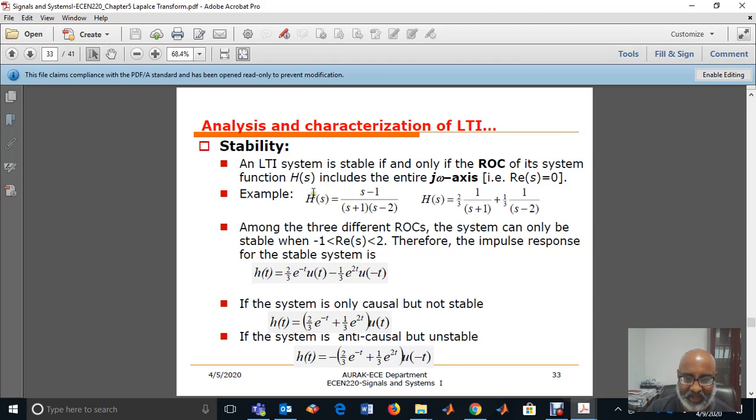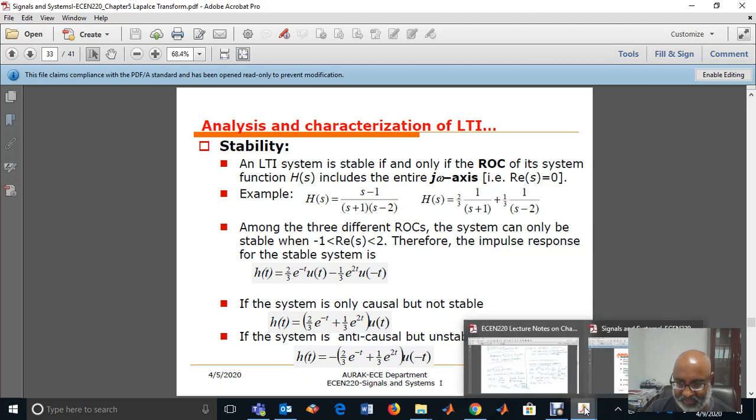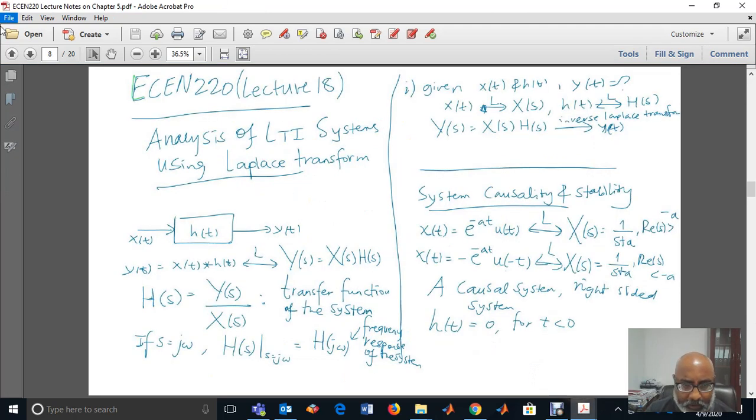Now let's analyze this system, h of s equals s minus 1 over s plus 1 times s minus 2. It has several alternatives depending on the region of convergence. So h of t will have three different possibilities. Let's see the class notes here.